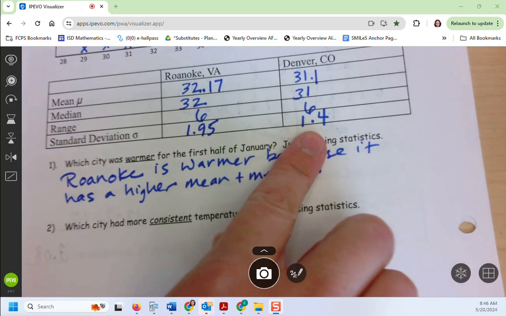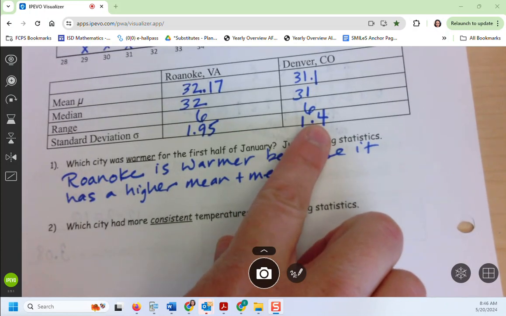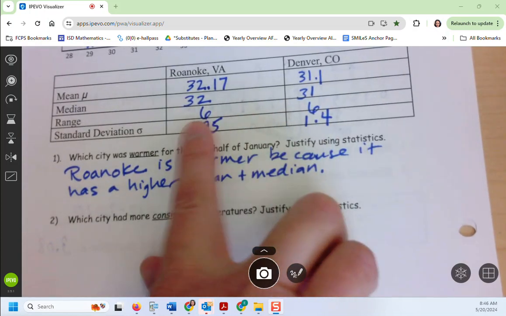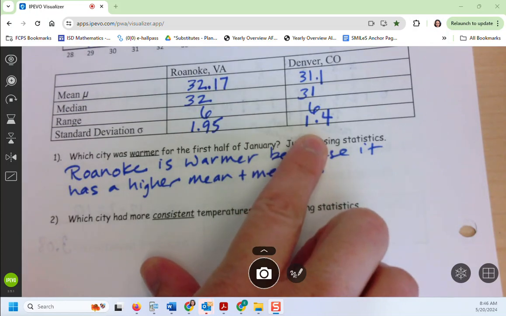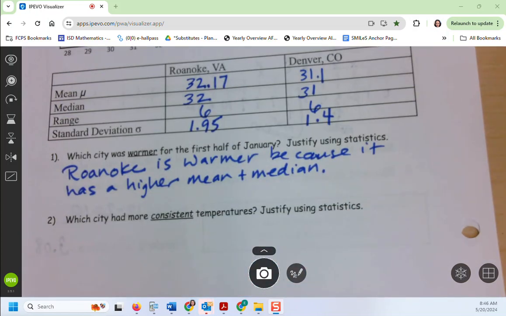Denver is less spread out because it has a smaller standard deviation. They have the same range, but Denver has a smaller standard deviation.